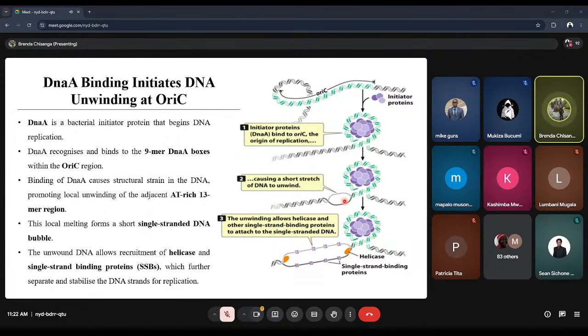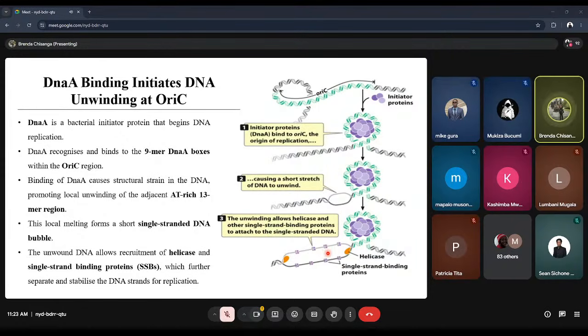And the protein that recognizes that region is referred to as DnaA in bacteria. The binding of DnaA to the 9-mer causes a conformational strain on the DNA, allowing the region upstream, and by upstream I mean in front of the 9-mer, which is the 13-mer in this case, to unwind.